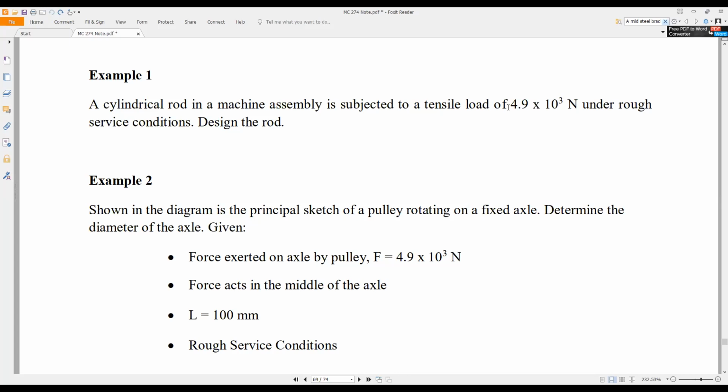The allowable stress we know from the factor of safety and the ultimate stress in the material. So the only unknown in that equation is the diameter of the rod. Make the diameter the subject and solve it, and you have designed it.